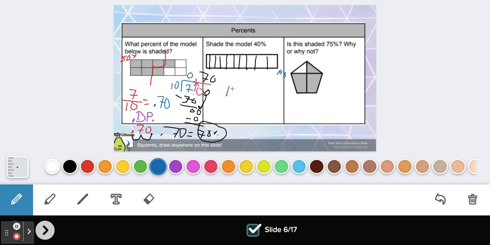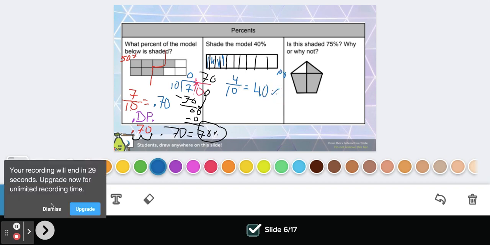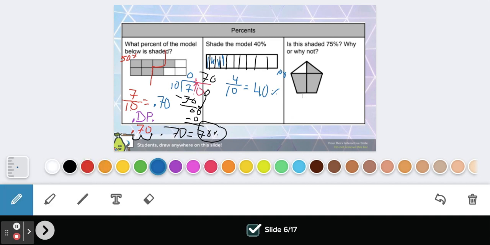So I have 40%. Parts 1, 2, 3, 4 over my total, which is 10 equal pieces, should give me 40%.